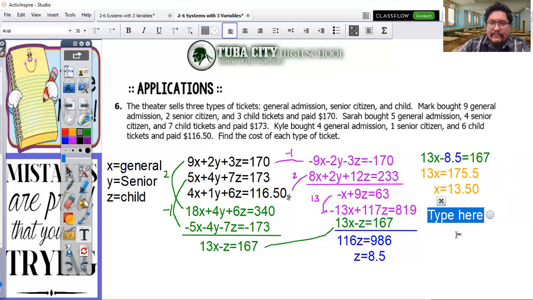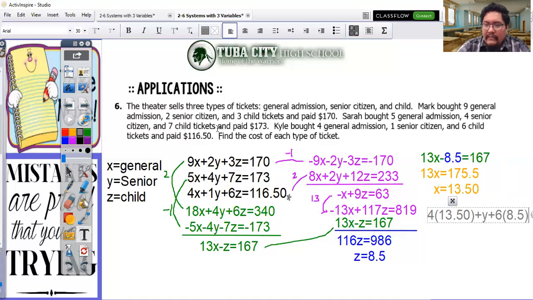So 4x, and I know here that x is 13.50. So we're looking at that last person, Kyle. He bought 4 general tickets at $13.50 apiece, plus one of the seniors, and 6 children tickets, each one $8.50.